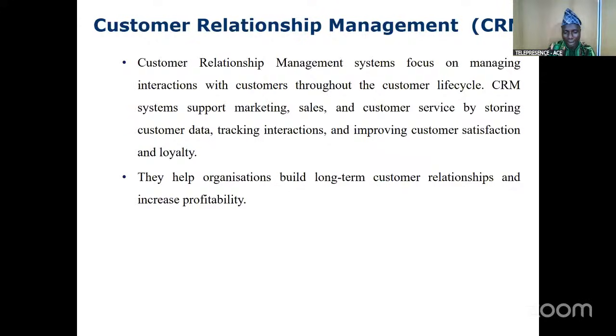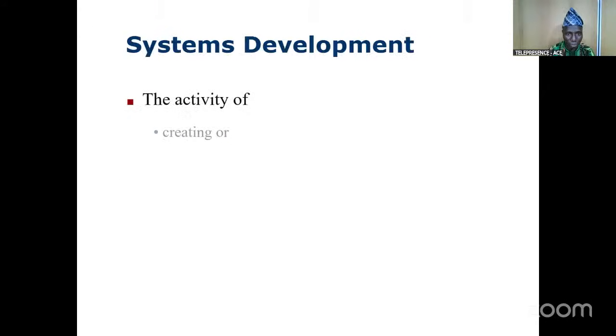They help organizations build long-term customer relationships and increase profitability. Once there is good customer relationship management, you'll be able to retain your customers and there's going to be increased profit for the organization.